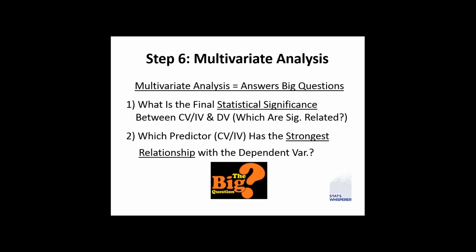So that's what we want to know. Who stays significant with all the joint impact going on at the same time? And 2, which is the strongest? So if 2 or 3 remain statistically significant, which one of those is the strongest predictor of the dependent variable?